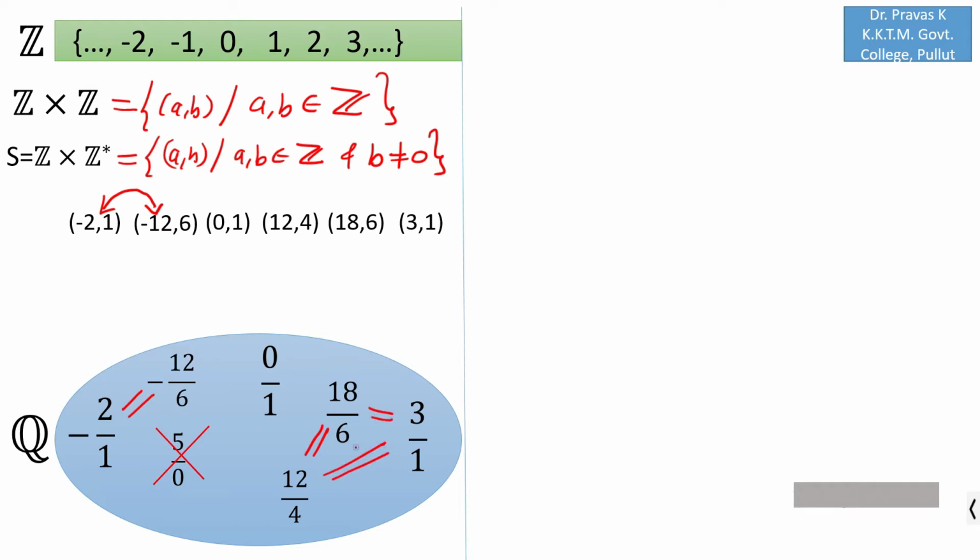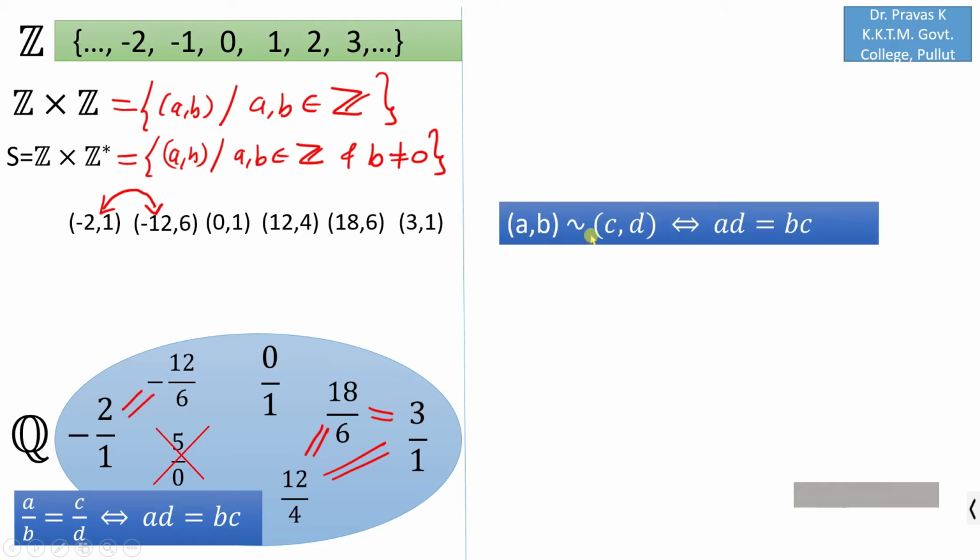So what makes two rational numbers a over b and c over d equal? We just need ad equal to bc. So we introduce a new relation tilde between the ordered pairs in S: the ordered pairs (a, b) and (c, d) are related if and only if ad equals bc.